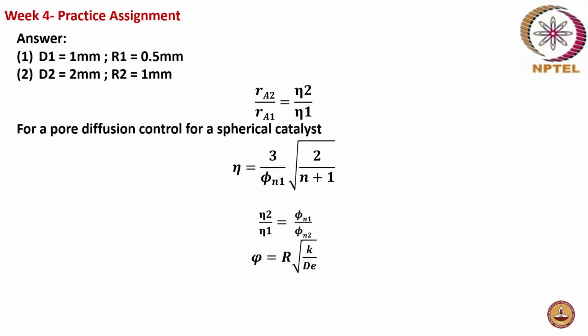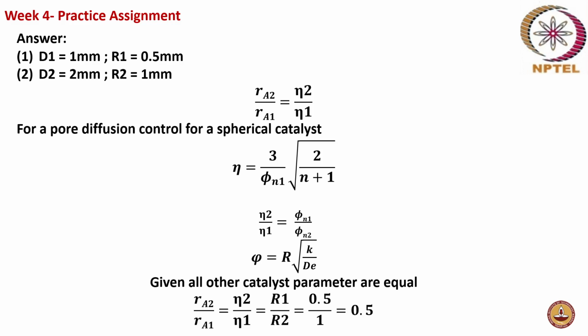Now bringing in the formula for the Thiele modulus, phi is equal to r into square root of k by dE. Given all the other catalyst parameters are equal, that means your reaction rate constant and your effective diffusivity are constant, and only your radius is varying.